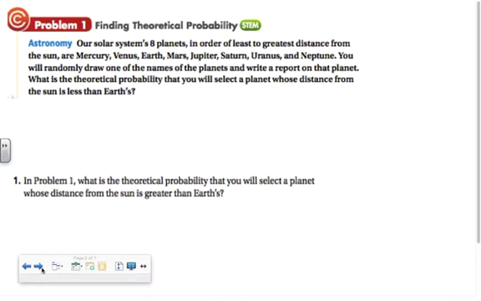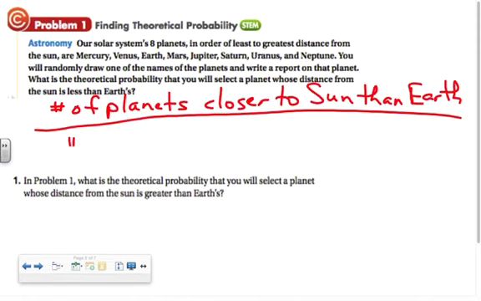Okay, so this probability is going to be how many planets are closer to the sun than Earth over the number of planets.